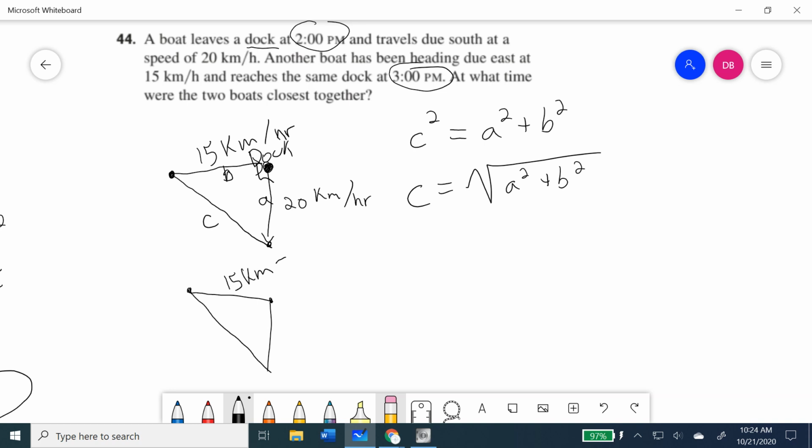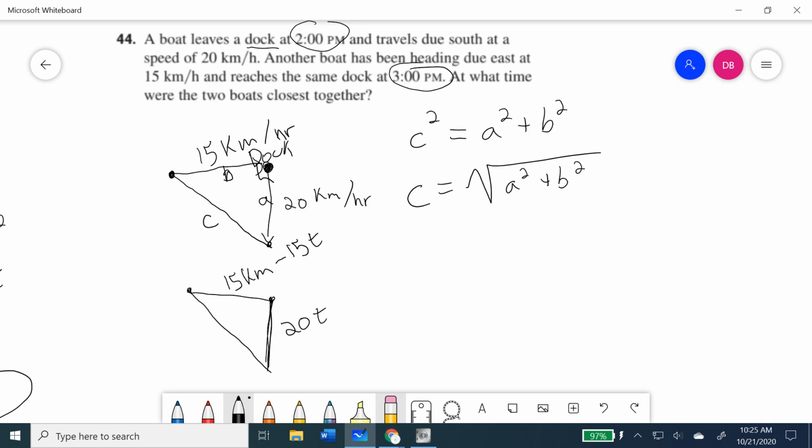So minus 15 times time. Then this distance is increasing, and at 2 o'clock the distance is 0. And then it is increasing at 20 kilometers per hour.